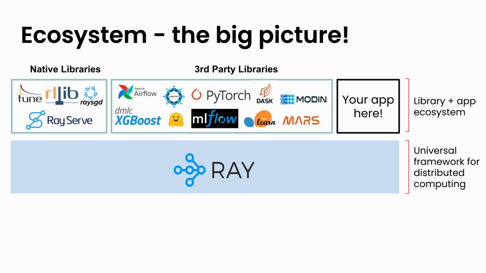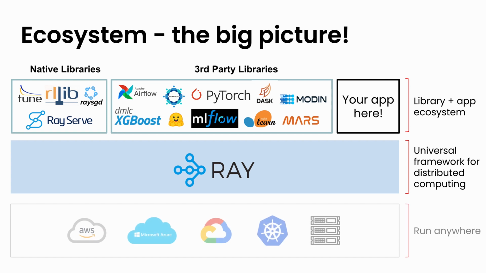And of course, by running these libraries on top of Ray, you can use them together and build applications that do all of these things. And if you use Ray, then you can run your applications anywhere, on any cloud provider, on Kubernetes, or on your laptop. And each of these components adds value for the users of the other components.